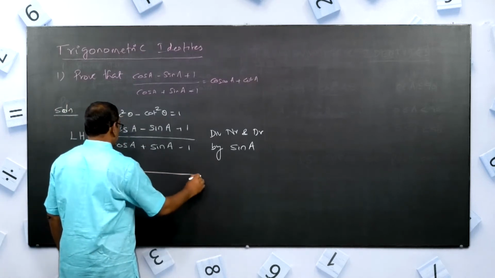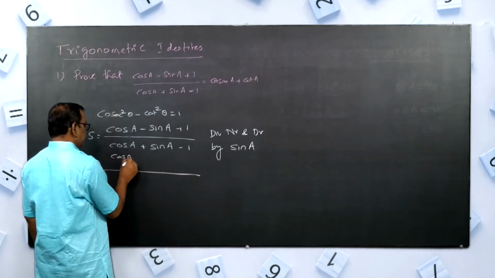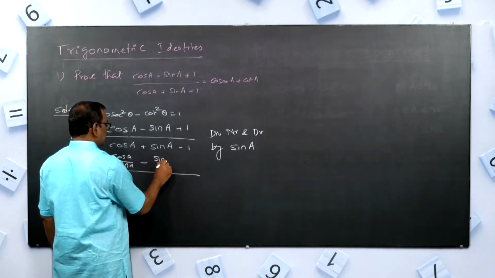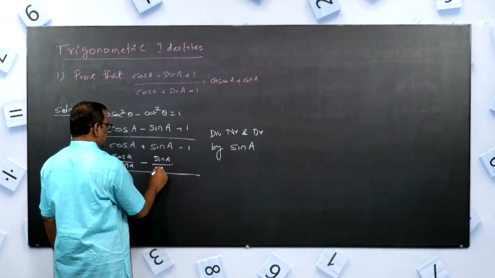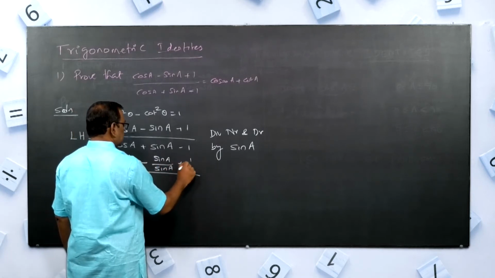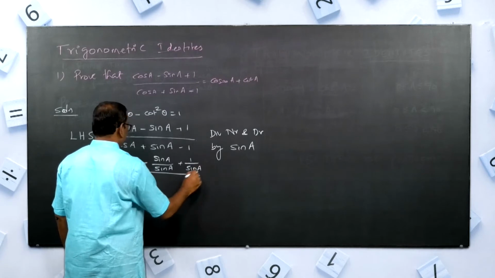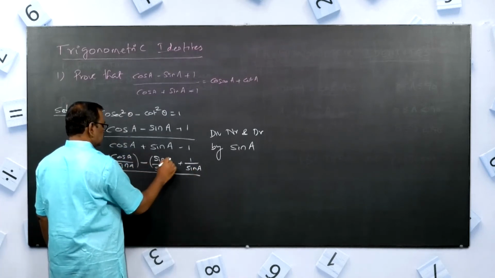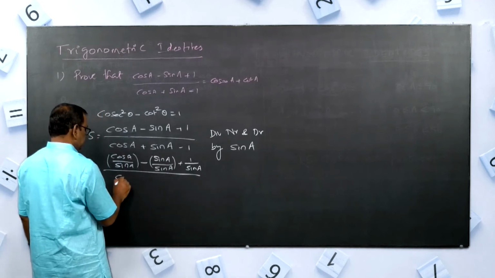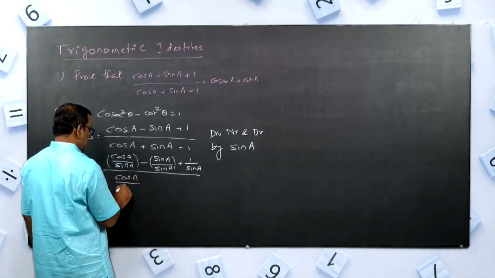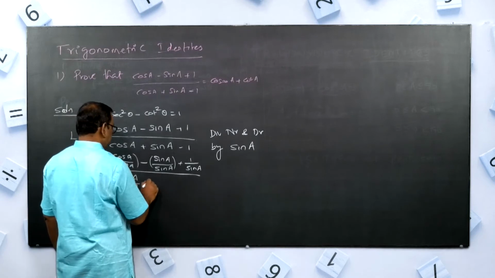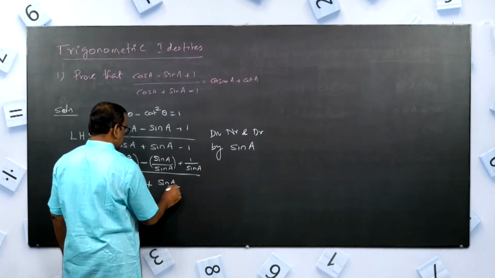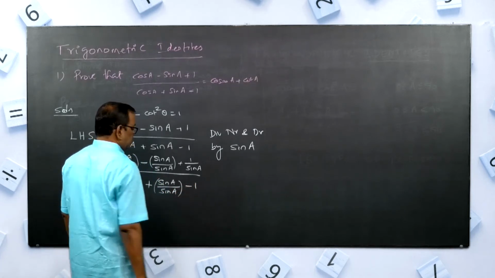Therefore the numerator becomes cos a by sin a minus sin a by sin a plus 1 by sin a, and in the denominator, cos a by sin a plus sin a by sin a minus 1.